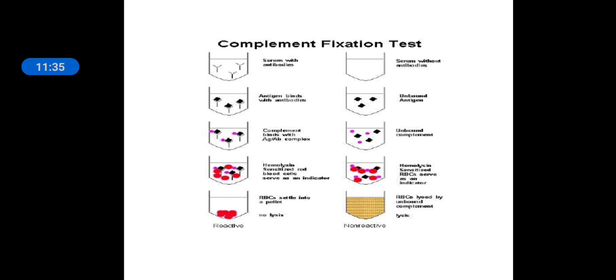If the complement is already bound with this AG-AB complex, then the RBCs will settle as pellets under centrifugation. But when there are no antibodies present in the patient serum, there will be unbound antigens and unbound complement, and the complement will be available for the RBCs, and the RBCs will be lysed, and there will be no pellets. So that is how the complement fixation test works.